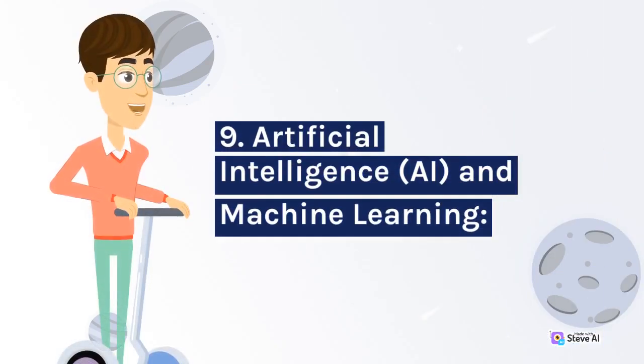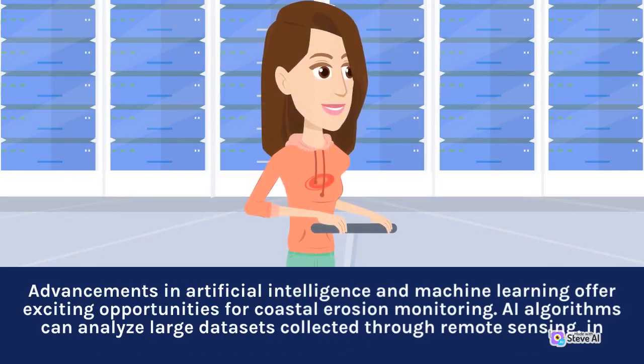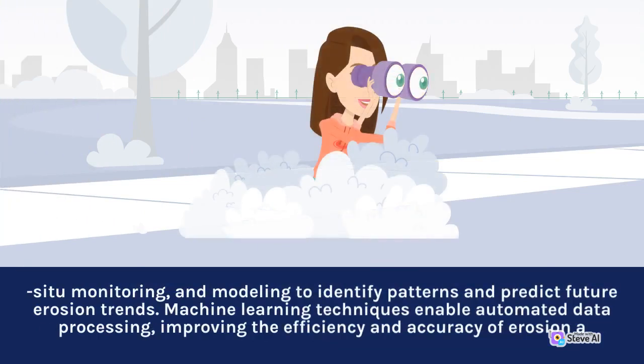9. Artificial intelligence, AI, and machine learning. Advancements in artificial intelligence and machine learning offer exciting opportunities for coastal erosion monitoring. AI algorithms can analyze large datasets collected through remote sensing, in situ monitoring, and modeling to identify patterns and predict future erosion trends.